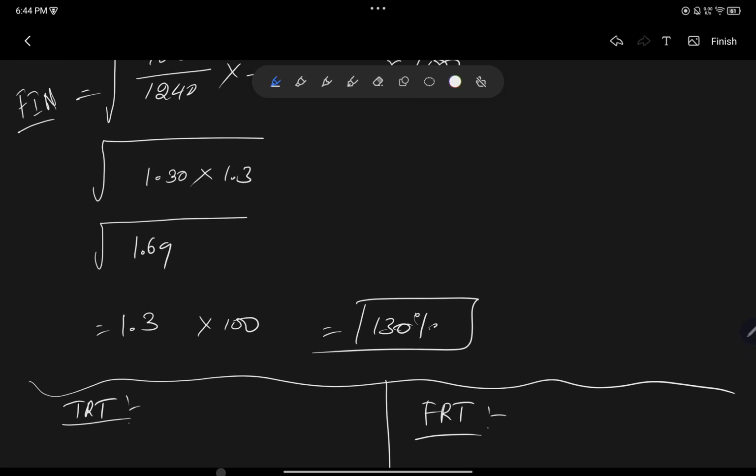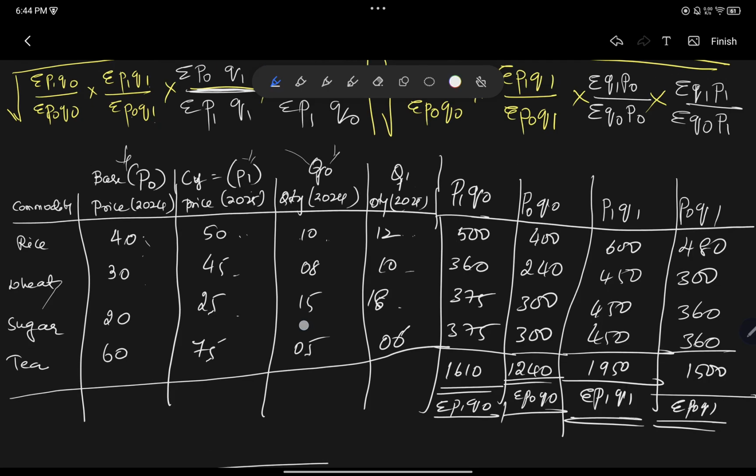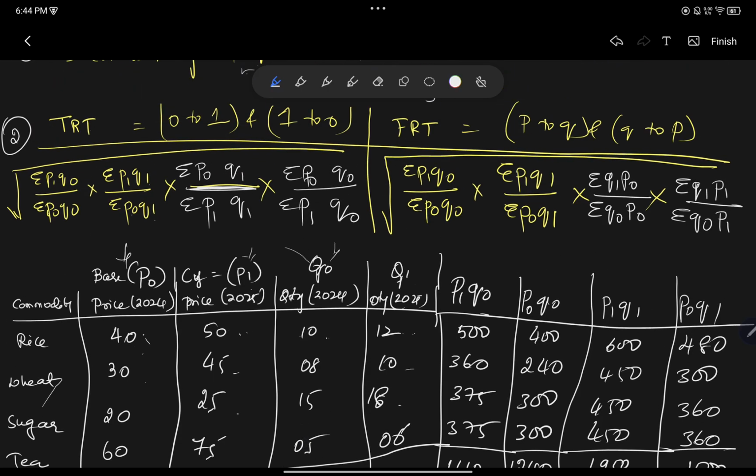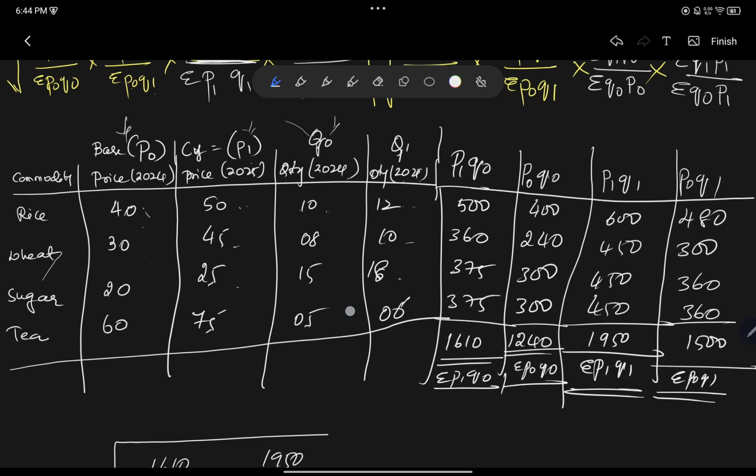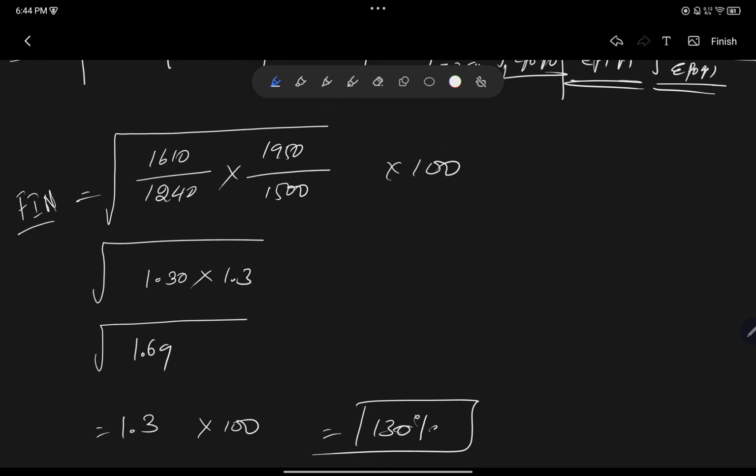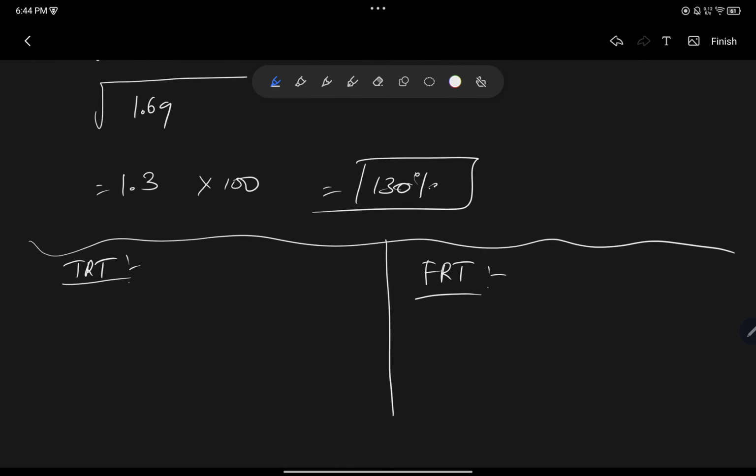So now TRT, what does TRT say? Summation of P1 Q0, that we know, divided by all these things we know. Summation of P1 Q0 divided by that, all these two things we know, right?